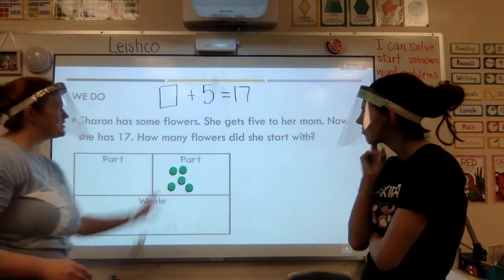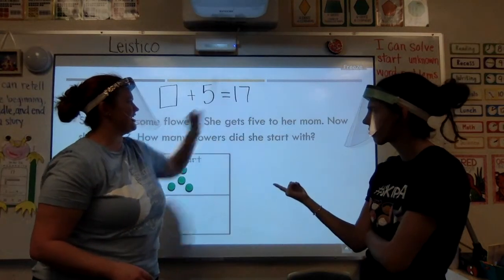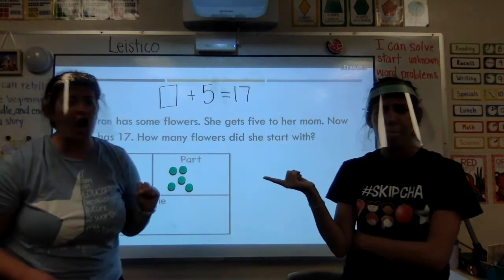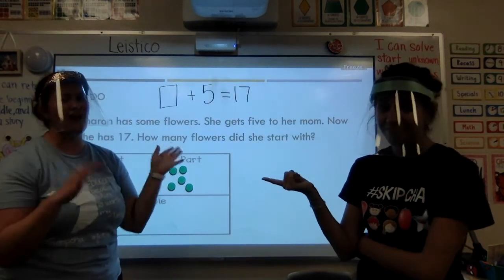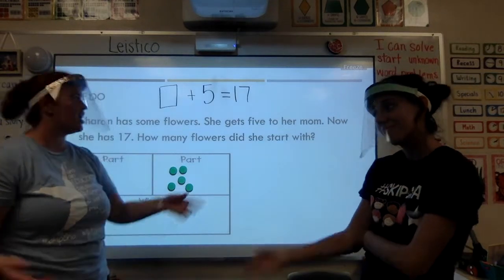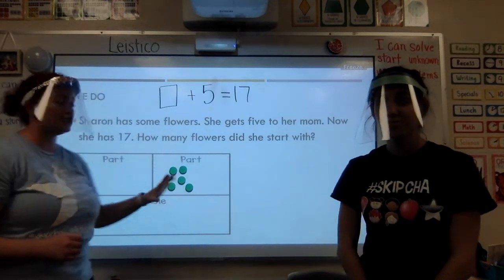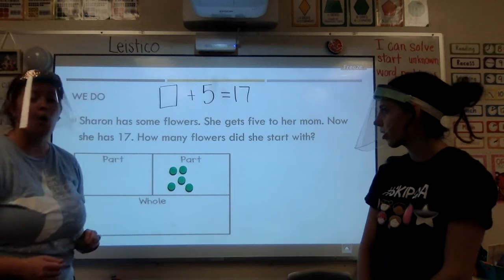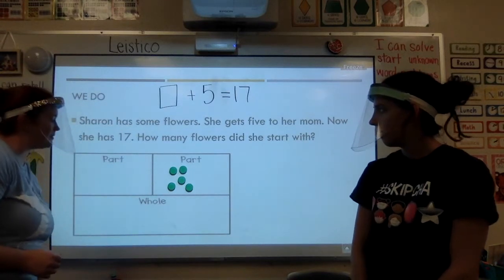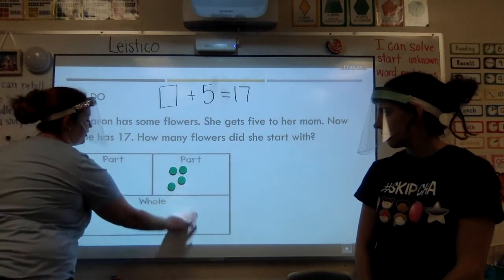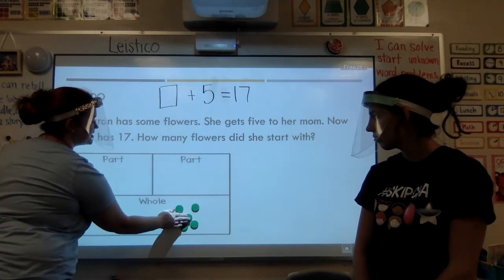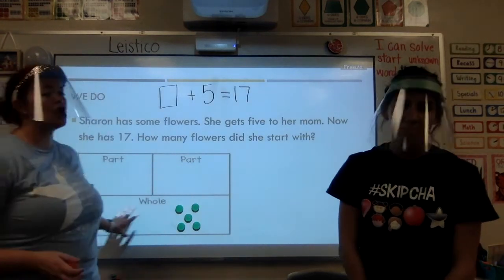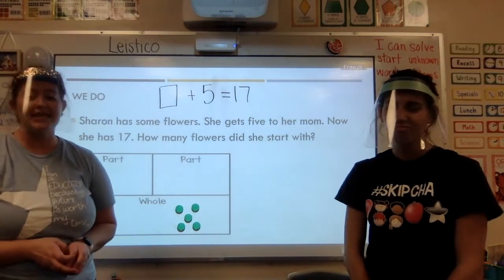Now it says all together she had 17. So I'm not going to add 17 more because it's not 5 plus 17. I know that I need 17 in total, 17 in my whole box. So I'm going to bring these 5 down, and I'm going to add more counters until I get to a total of 17.